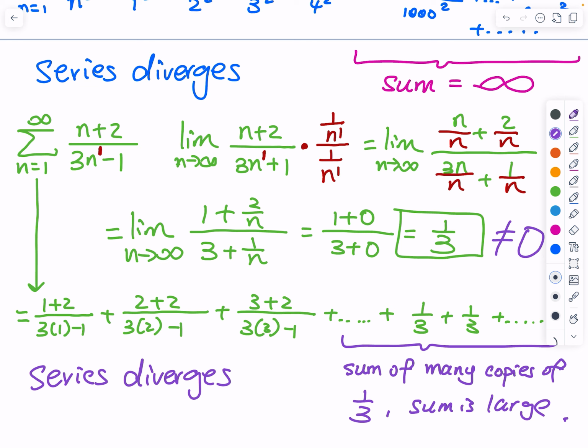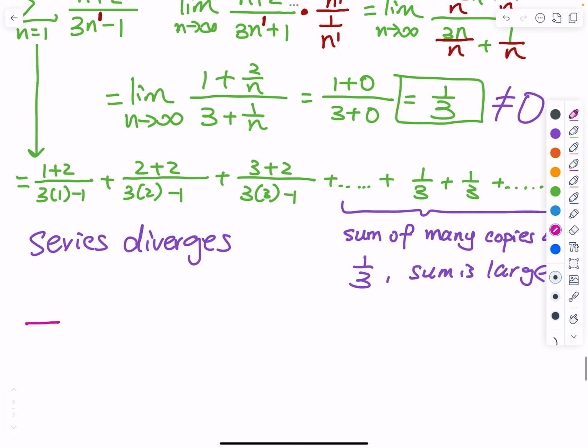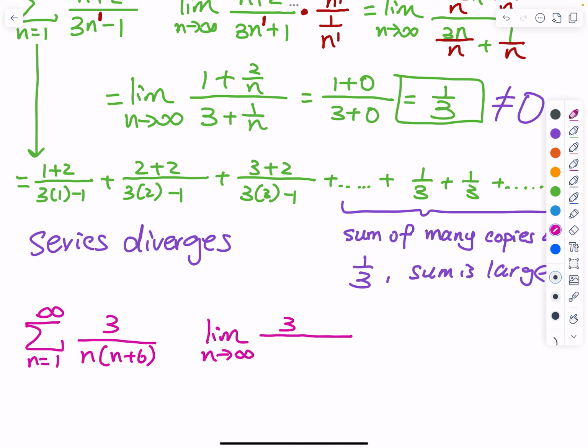Let's take a look at one more. How about this one, the summation from n equals 1 to infinity of 3 divided by n times (n plus 6). This one is the limit as n approaches infinity of 3 divided by (n squared plus 6n).